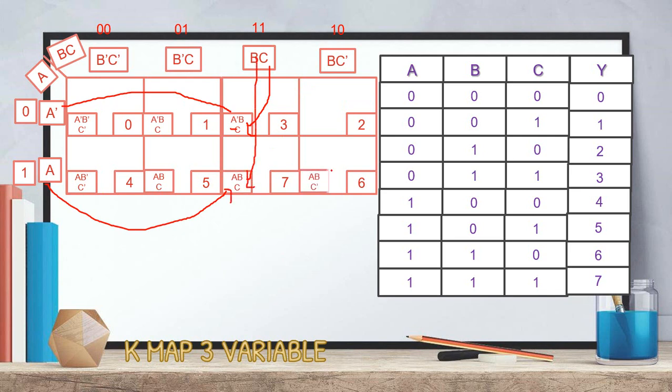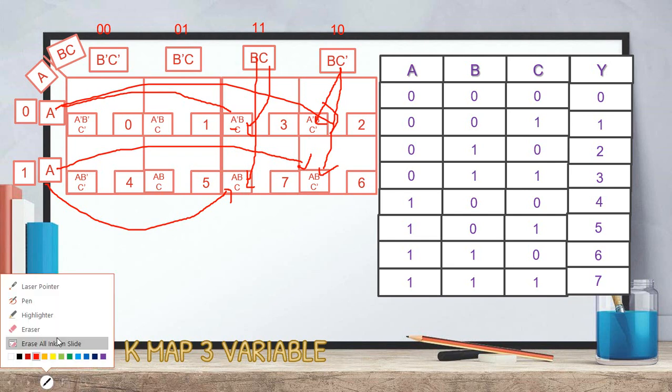And this one has A as it is, and this column portion is BC bar, so it is ABC bar. And the last one is A bar from the row side, and from the column side BC bar, so A bar BC bar. This way you can represent the KMAP for 3 variables.